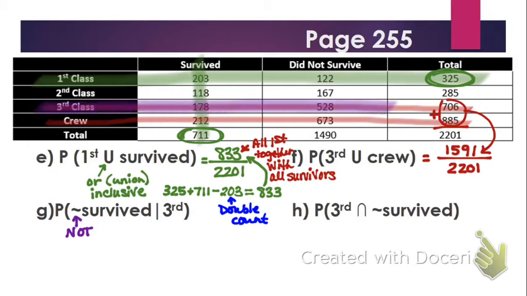Every number has to come out of here. So what's my denominator? 706. And of those 706 third class passengers, how many of them did not survive? 528.